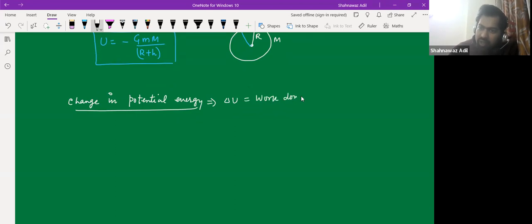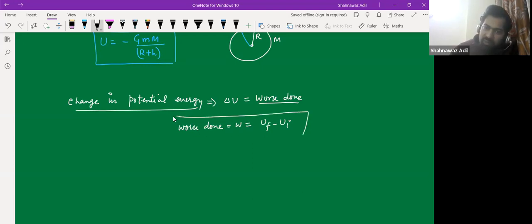So if you want to calculate the work done, W would be simply U final minus U initial. So remember, this is a very important relation.